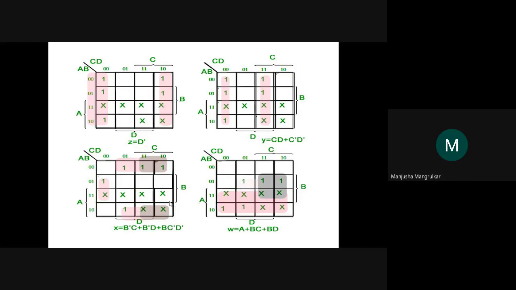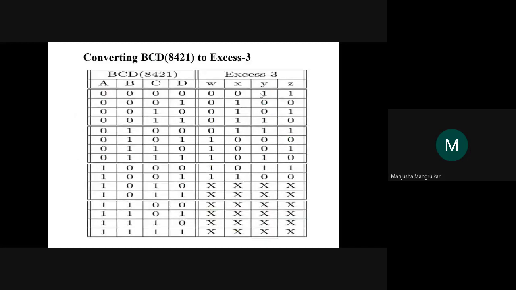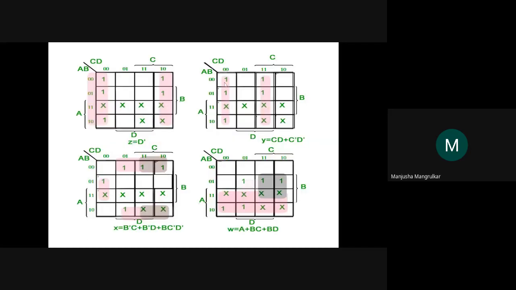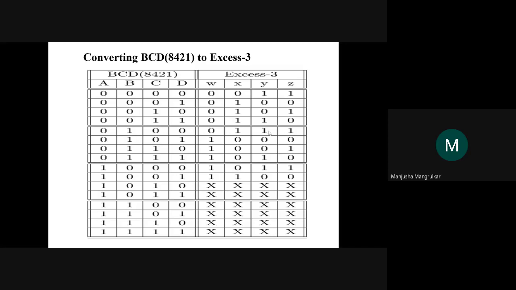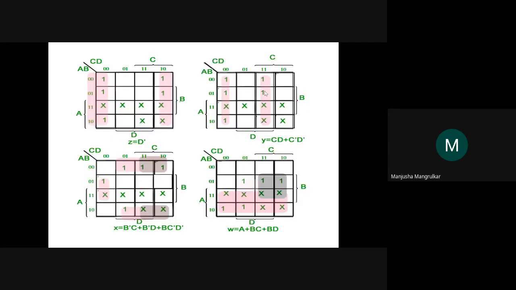Next bit. So next bit is Y. Y is what? 1001. We take only the first. 1001, right? 0, 1, 2, 3. So the 1001. Now next is what? Again 1001. 1001.